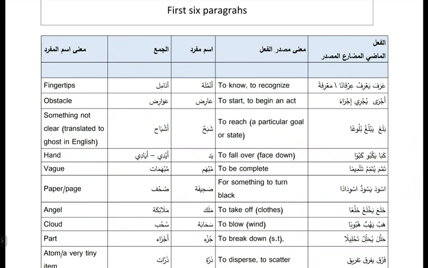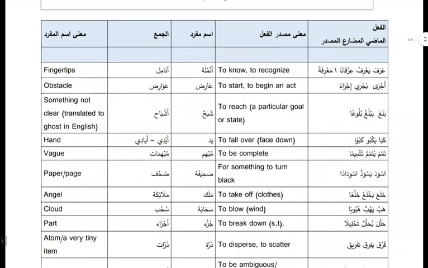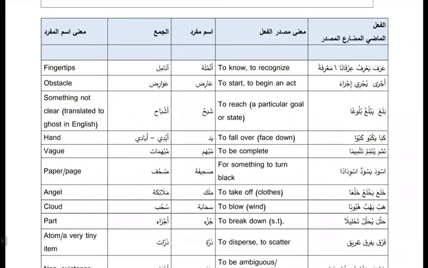So the base is the root letter, yeah. When we say the base of a verb or the root of the verb, we mean the three letters. So for example, arafa, the root is ayn, ra, and fa, right? The simplest form of the verb, when you want to start using it in language, is the third person singular masculine.